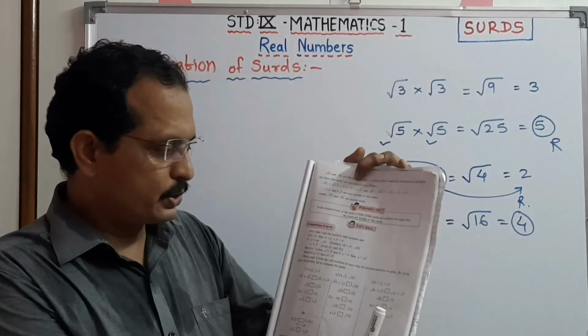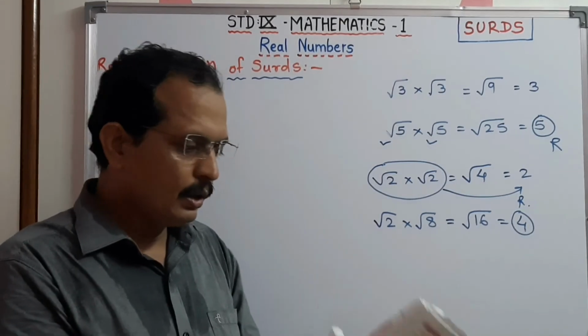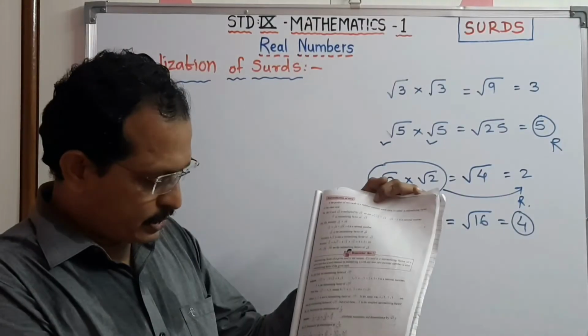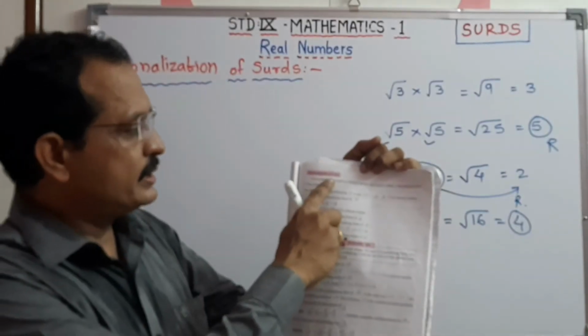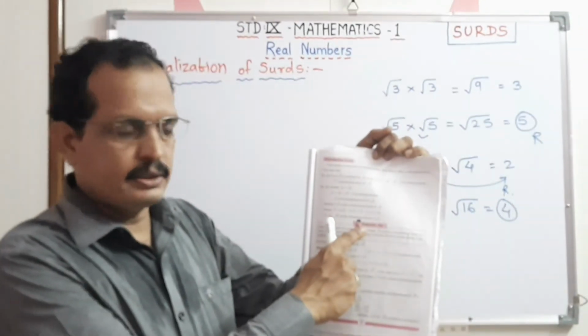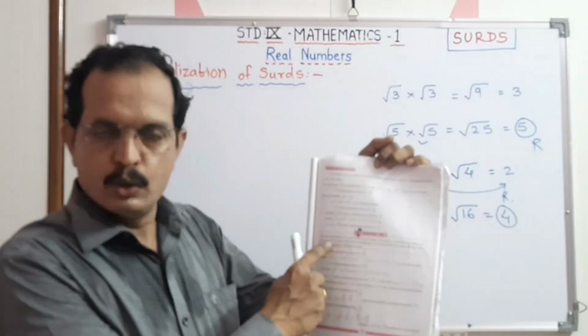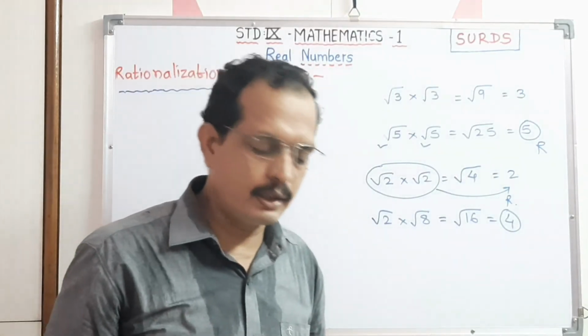Remember this. Afterwards, page number 29 is there. On this page 29, rationalization of surds is given, and remember this, you have to write it in your notebook. Please go through this video again and again.